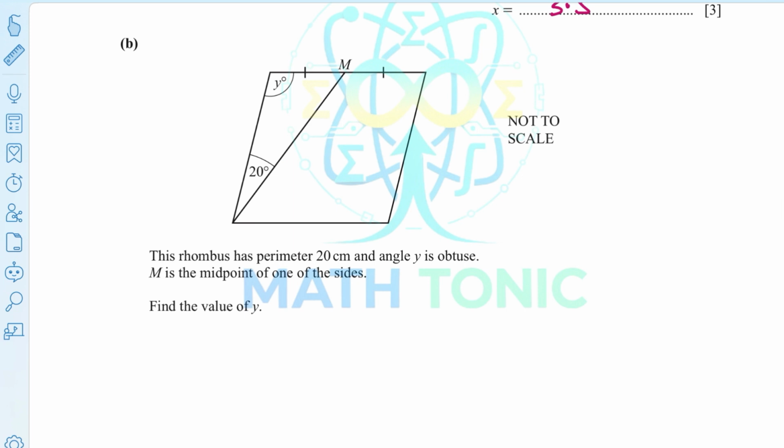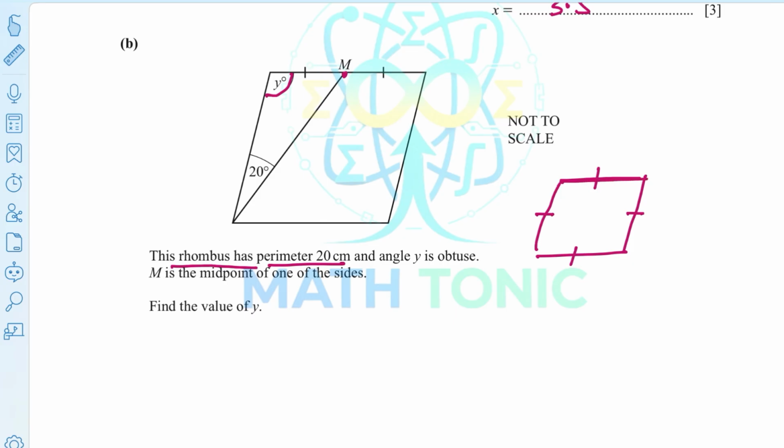This rhombus has a perimeter 20 centimeter and angle y is an obtuse angle. M is the midpoint of one side. Find the value of this angle y. First of all we should know that a rhombus has all equal sides. As per the question, perimeter is given 20 centimeter.